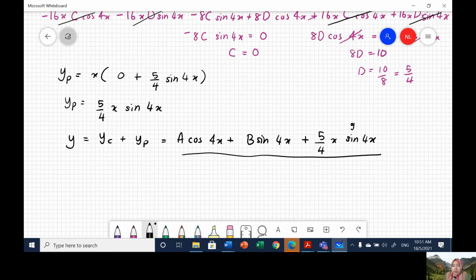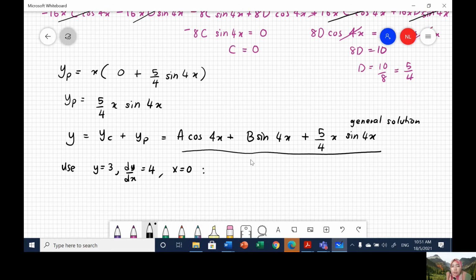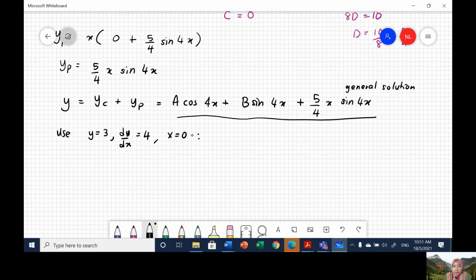This is your general solution, so we use the boundary condition, y is 3 and dy/dx is 4 at x equals 0, to find the particular solution. So differentiate this general solution.